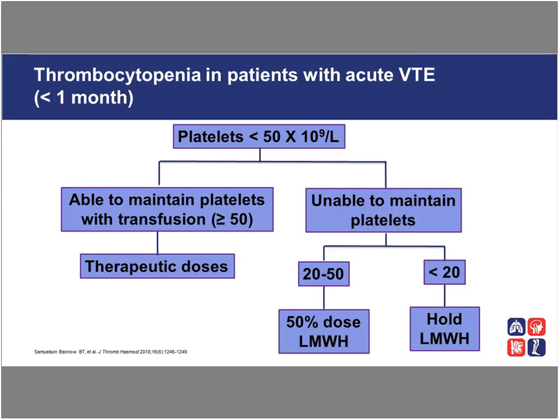We note that when dealing with platelets below 50, and we're in the first month of an acute venous thromboembolic event, the goal is to continue with anticoagulant if we can by maintaining platelets above 50 with platelet transfusions, with therapeutic doses of low molecular weight heparin. However, it's noted that this is not always possible, and if we can't maintain our platelets, then if our platelet range is between 20 and 50, consideration should be made to decreasing the dose of low molecular weight heparin by 50%, and less than 20 to hold the low molecular weight heparin dose.